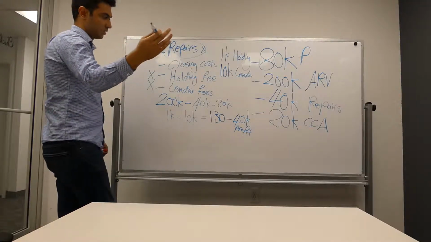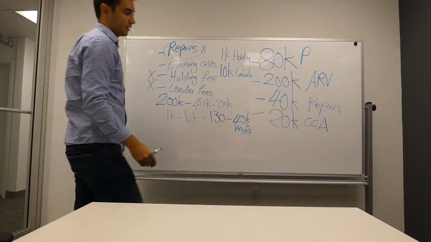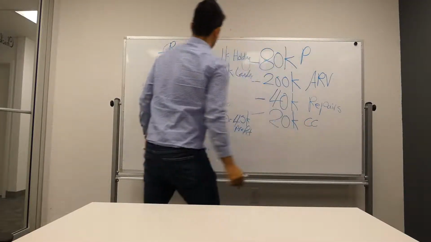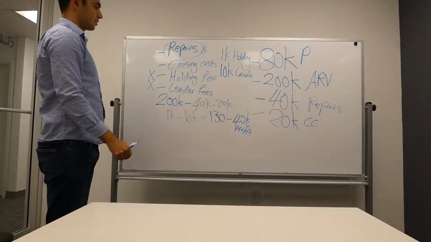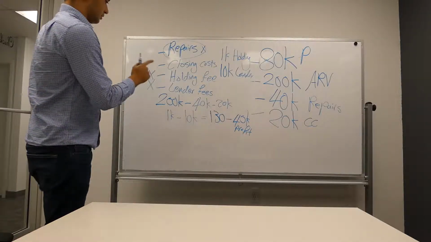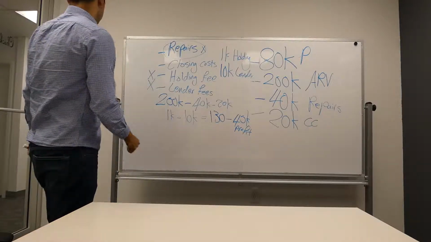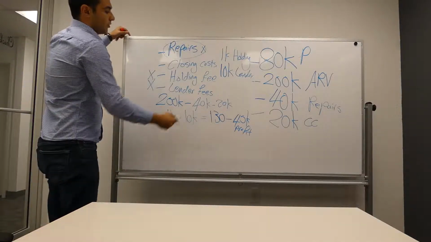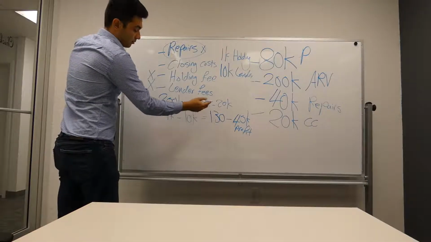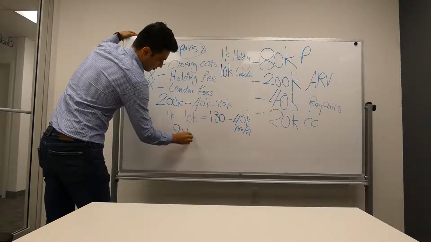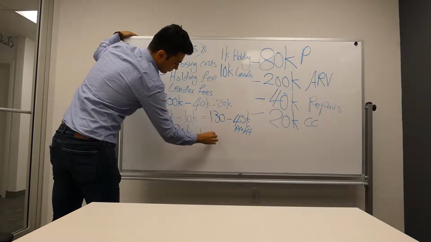Assistant is only 3%. So closing costs on the back end, 10K lender's fee, and the 1K that I didn't subtract yet. But 130 minus 40 is going to be $90,000. Minus the 1K, 89.